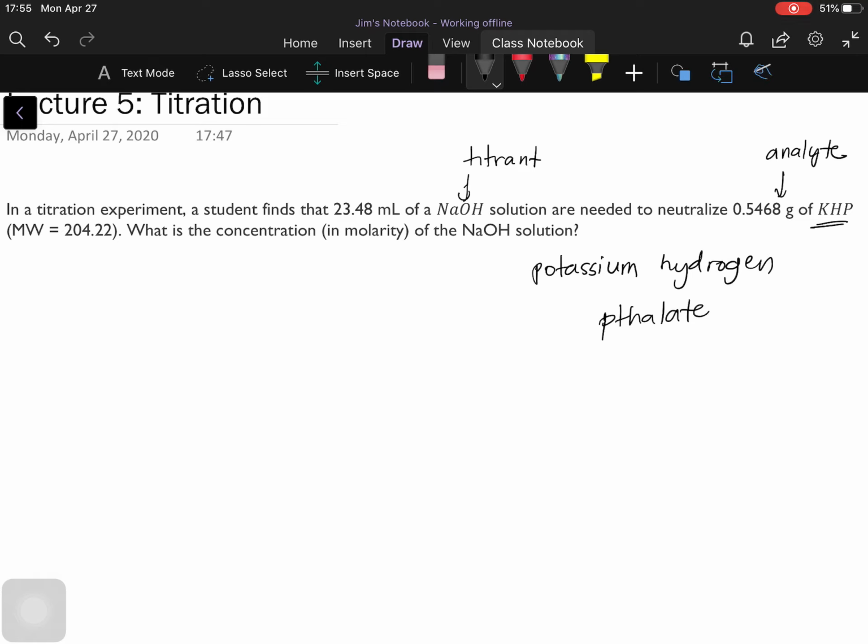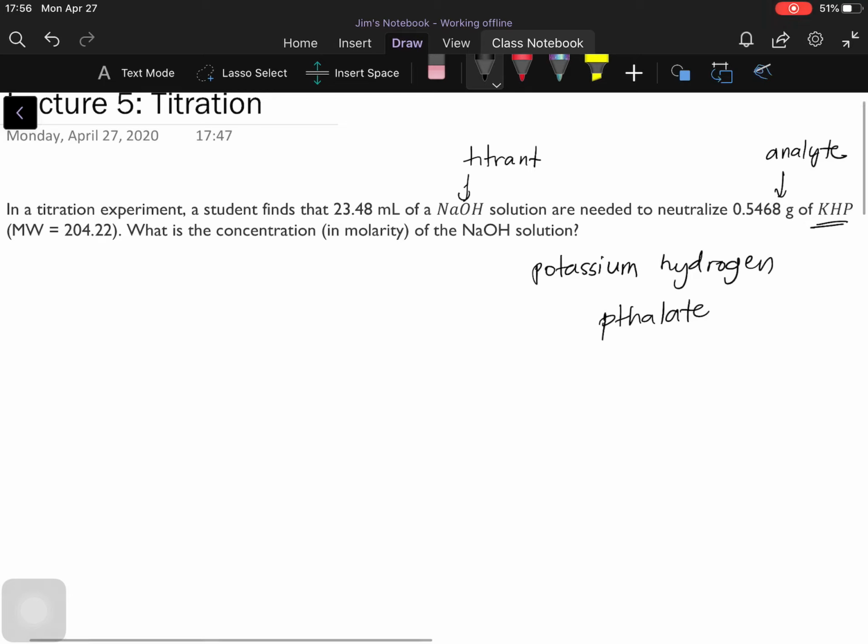I don't know if I spelled it correctly, but that is KHP, potassium hydrogen phthalate. This is used to standardize our sodium hydroxide solution. What we know about this molecule is that it is a monoacidic or monoprotic substance, which means it dissociates to produce one hydrogen.